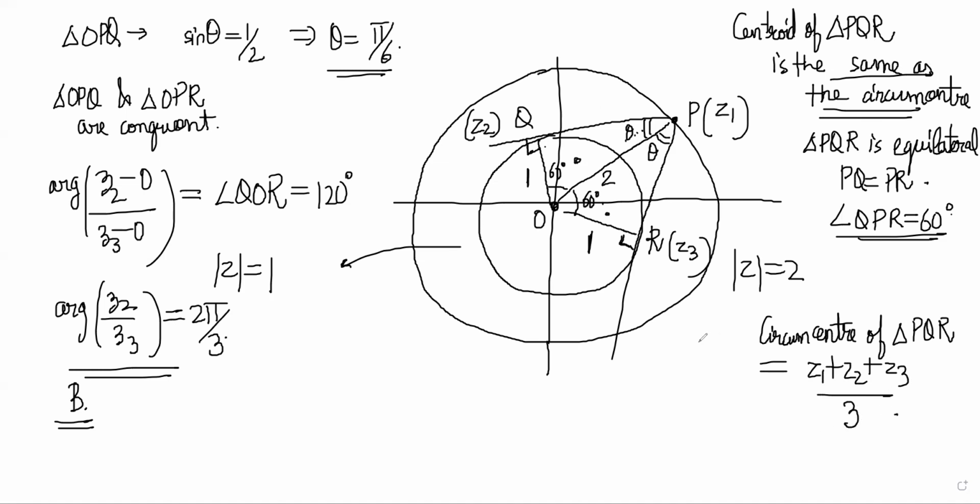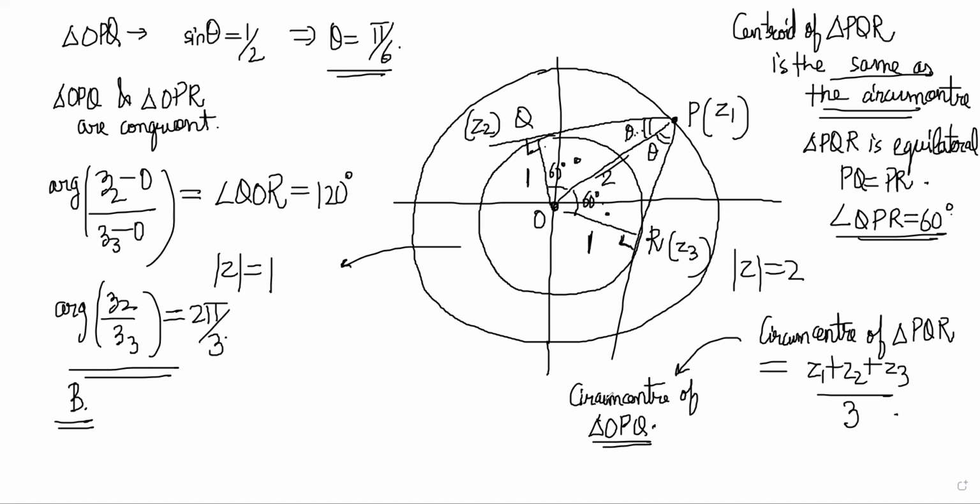Okay. So what we can also say is that the circumcenter of triangle PQR will lie on the side OP. So that circumcenter is the same as the circumcenter of triangle OPQ. Why? Because think about the circumcenter of triangle OPQ.